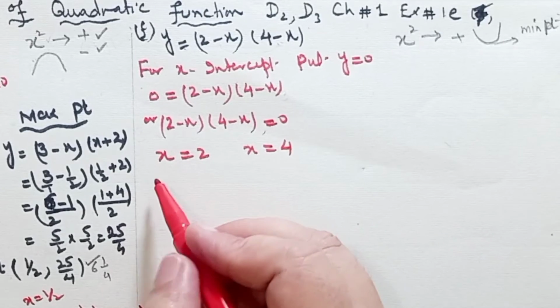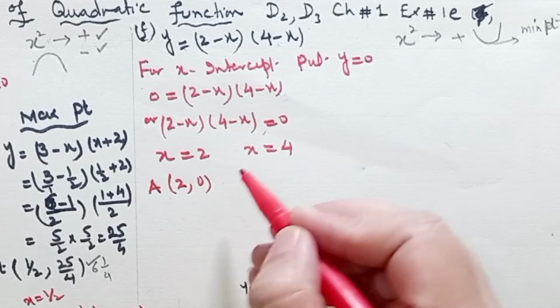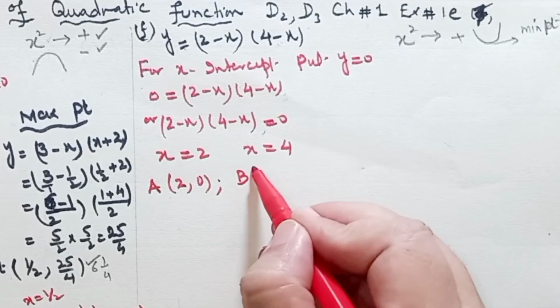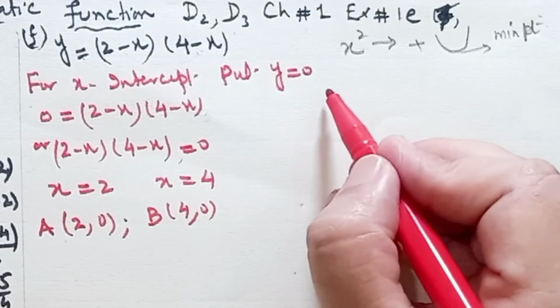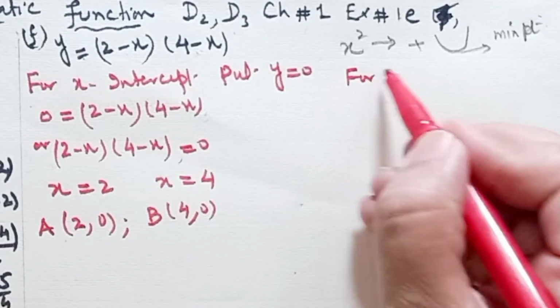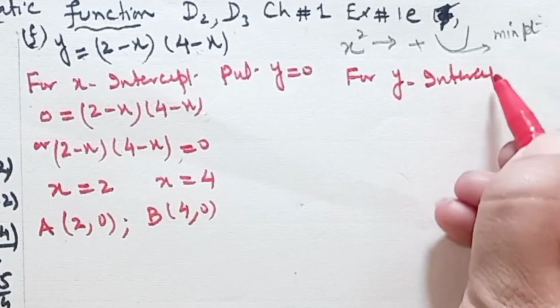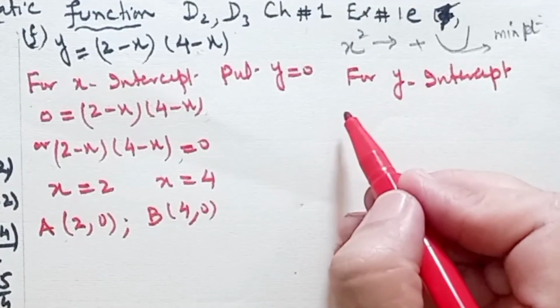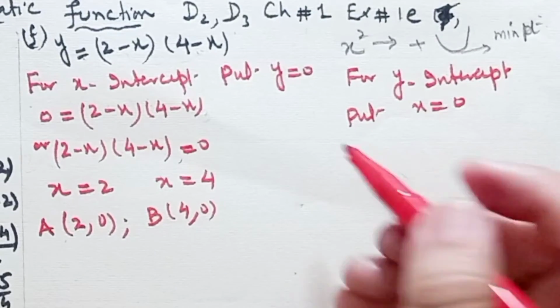So the points or x-intercepts that we are getting are (2, 0) and (4, 0). Okay, for the y-intercept, what we have to do is put x equals 0 in the given equation.